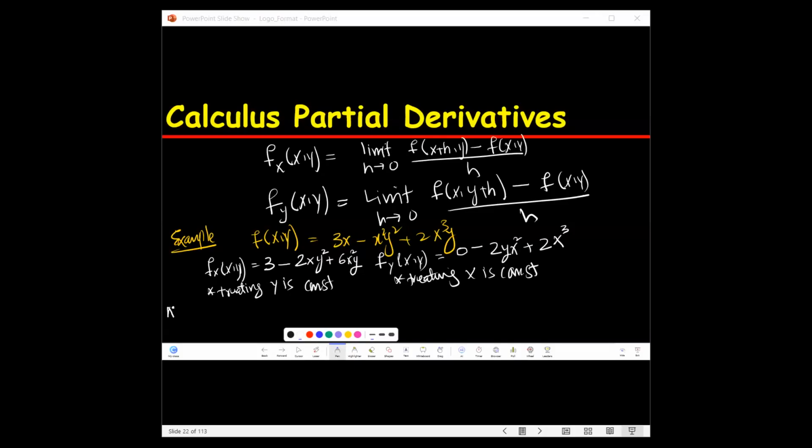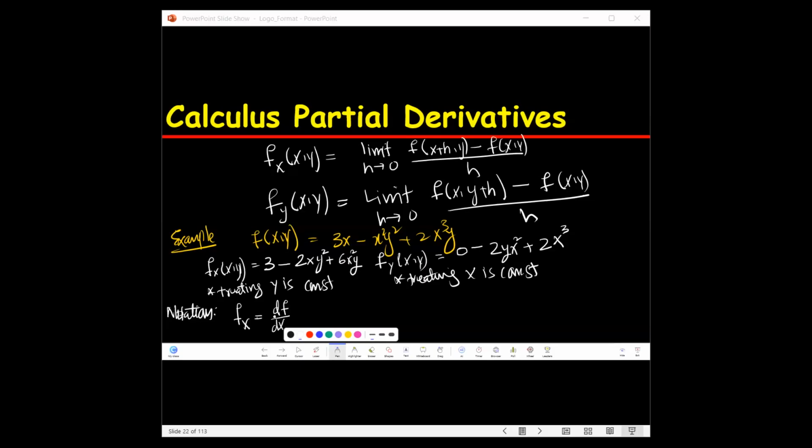Notation. Let's talk about notation. How can I write these things? Right now I write fx, and right now I write fy. You can also write it like this. It means I'm taking the derivative of a function with respect to x.